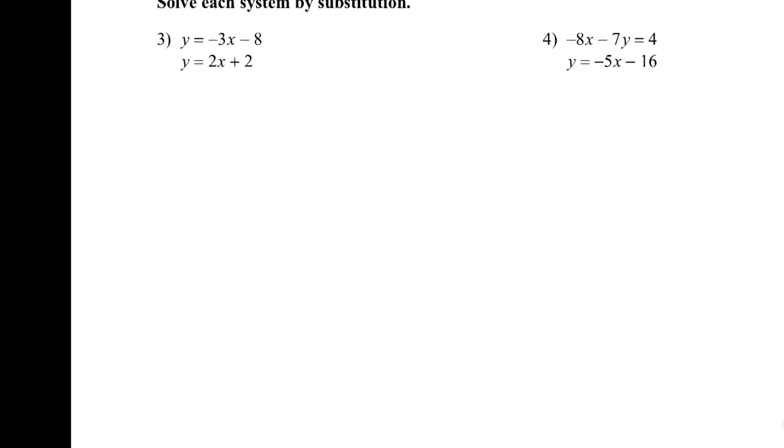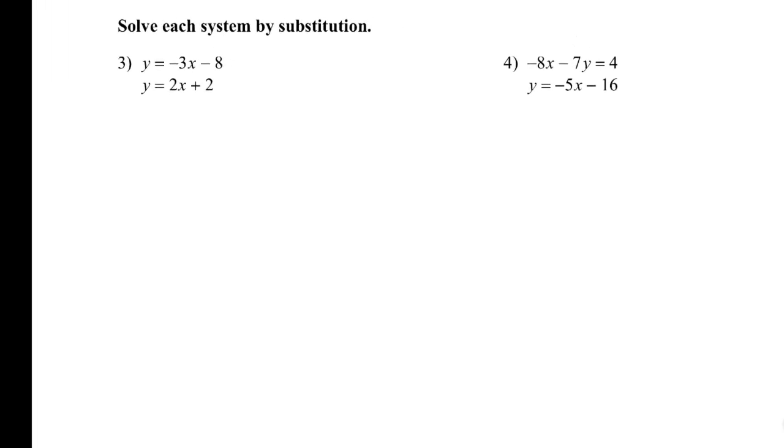Solve the system by substitution. That means I'm going to take this, and because it equals y, I can plug it in for that y right there. So what I'll get is 2x plus 2 is equal to -3x minus 8.